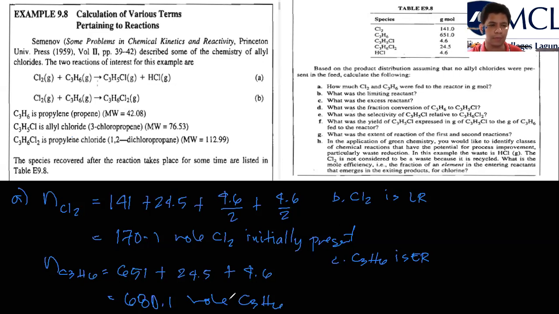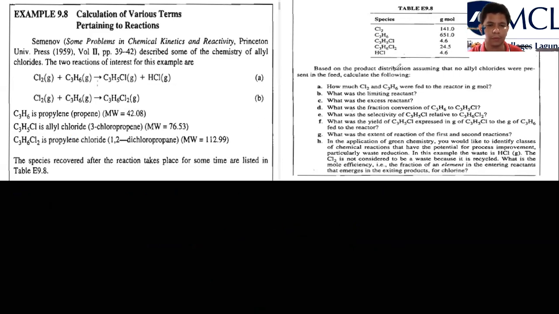Okay? So letter D. Just find the number of moles of C3H5Cl, then divide this by the total number of moles of C3H6.